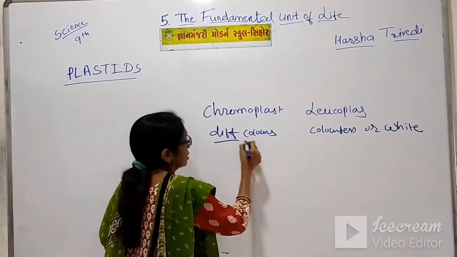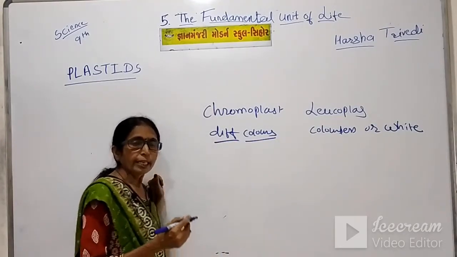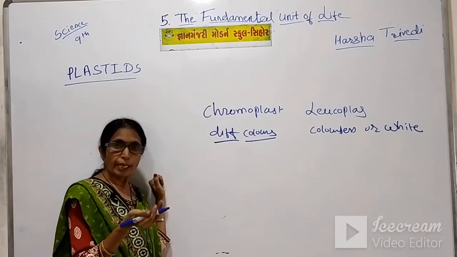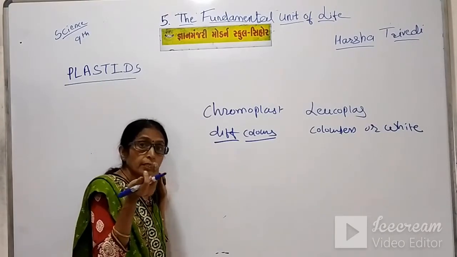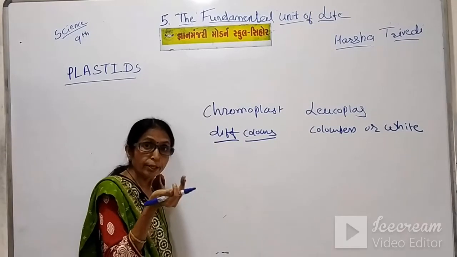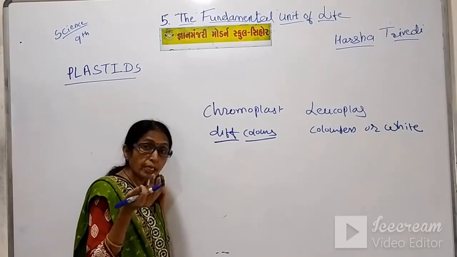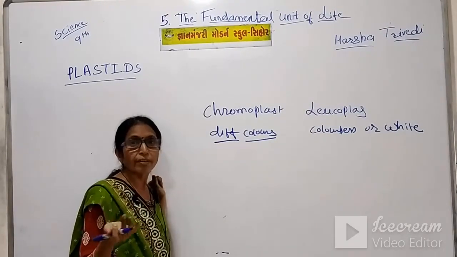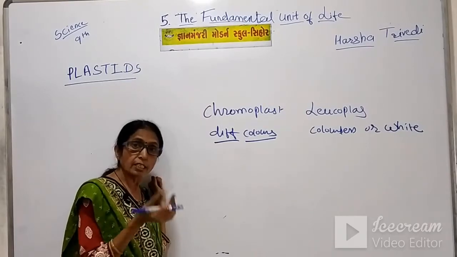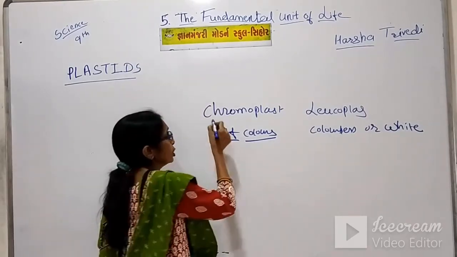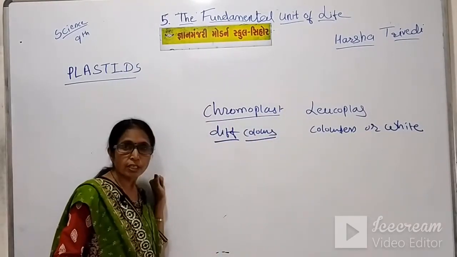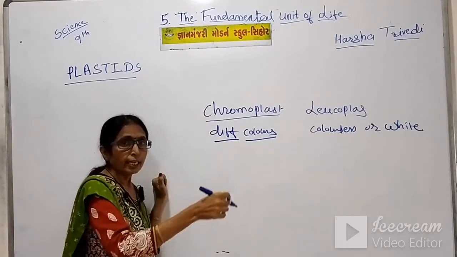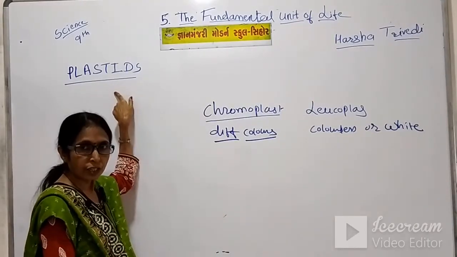The colors may be orange, green, black and also red and blue. We can see many colorful flowers. These colors are due to the chromoplasts present in the organelle plastids.